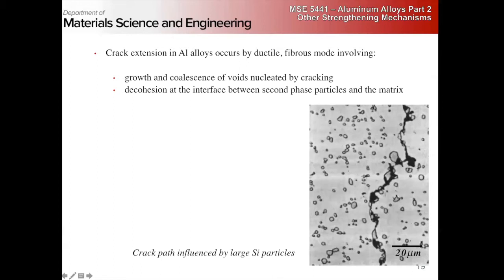Then we have decohesion that happens at the interface of these particles, right? Remember, one of the key things that we talked about for what makes an effective grain boundary pinning particle is that the interfacial energy is lower than the grain boundary energy.